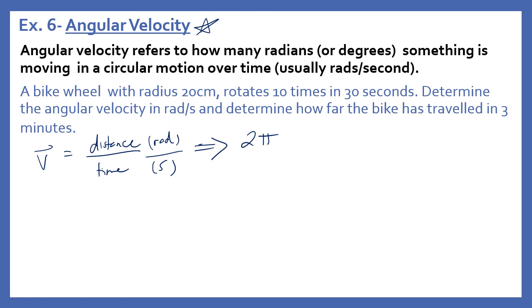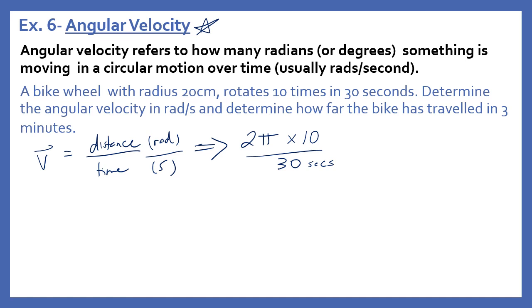But we want it in rads per second, and this tells you that it rotates 10 times in 30 seconds. So we actually have to do this times 10 over 30.